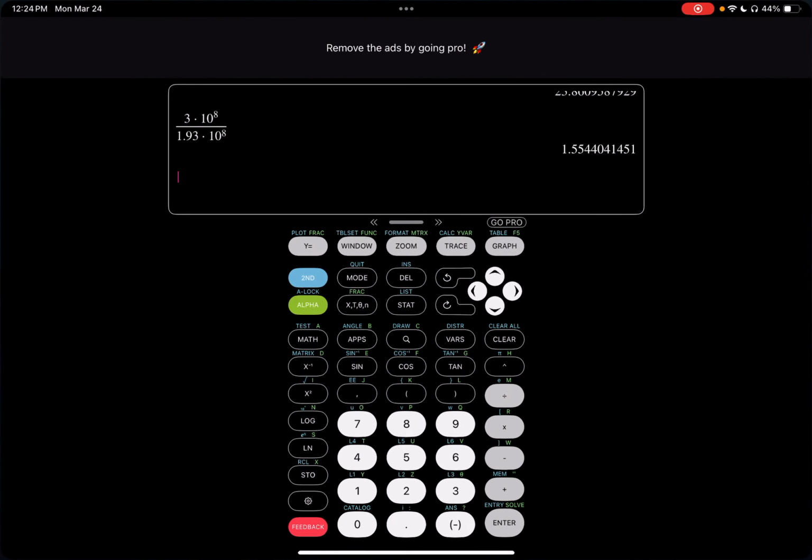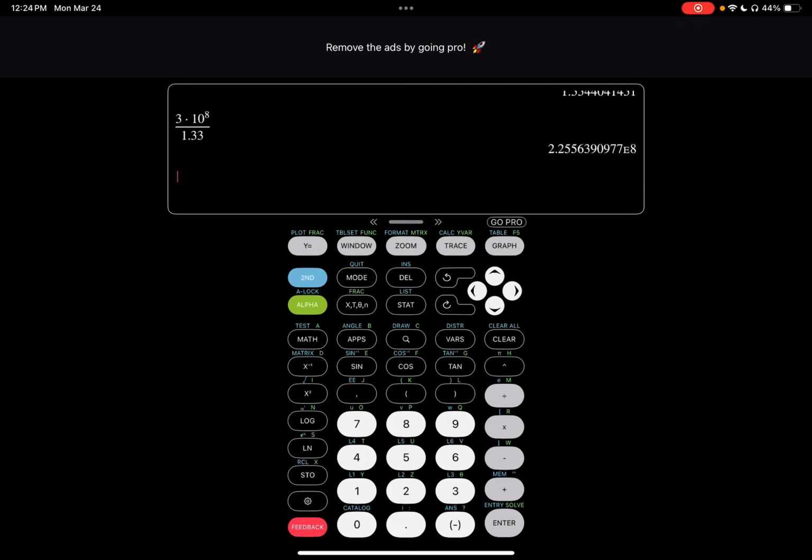Cool. Let's calculate it. Fraction 3 times 10 to the 8 over 1.33. Okay, let's talk about this. This says 2.25. All these digits don't really matter that much, but what matters though is the E8.